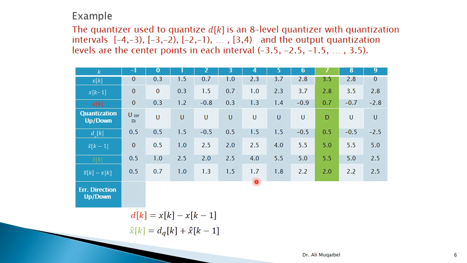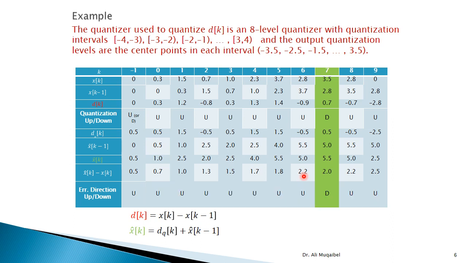Otherwise, the error could accumulate and we would have a large error here. So this is the example, and you can see that the error direction was up, increasing until this stage, which was the down direction. That's the example to show the error accumulation.